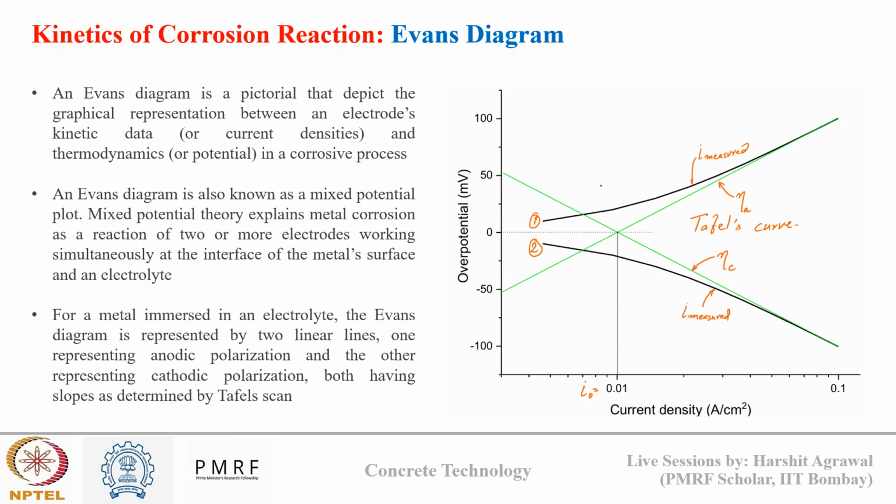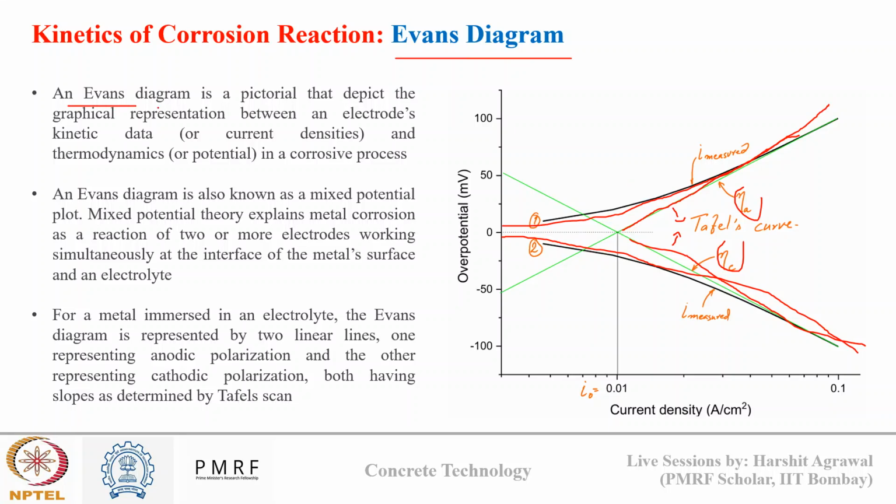You can see this was my actual Butler-Volmer equation, which is tending to 0. And when we apply very high overpotential, we get this green line, which is like a tangent to this curve, and these two green lines, whose slopes we know, are beta a and beta c. These lines are used to make a plot which is known as the Evans diagram.